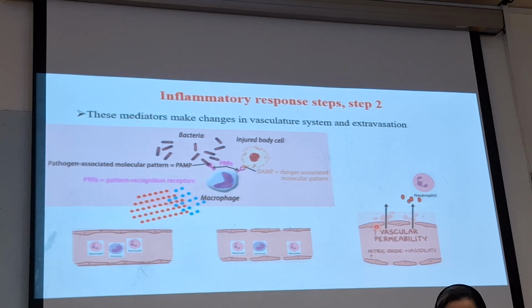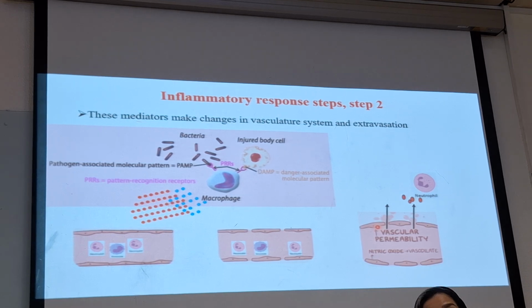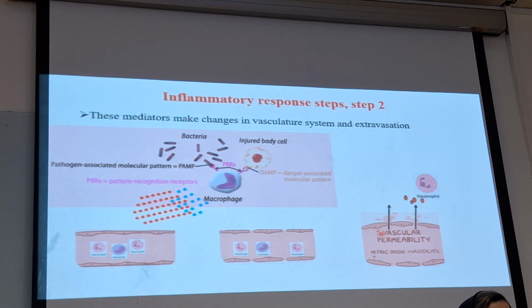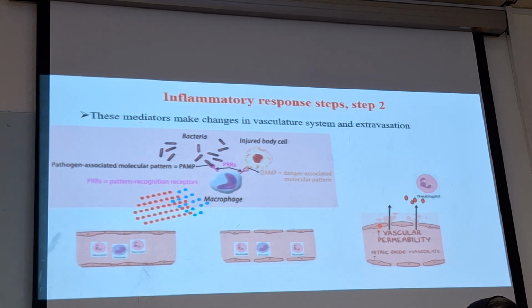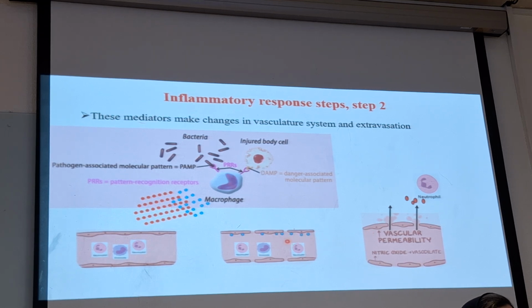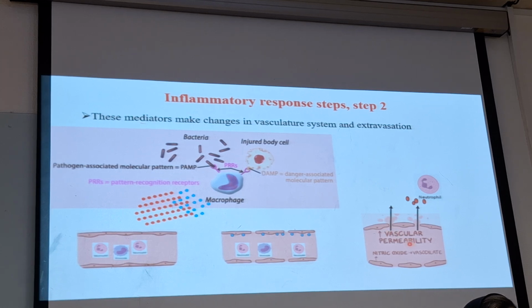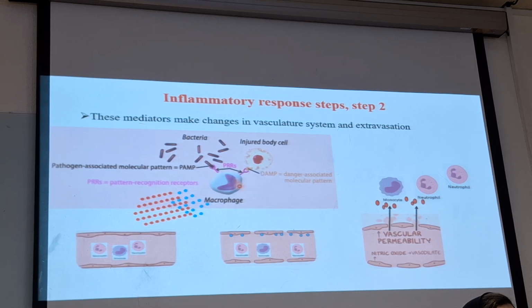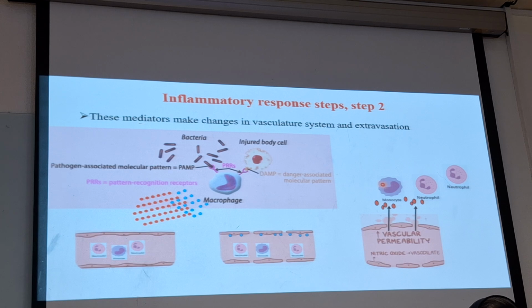And these adhesion molecules bind to leukocytes and slow down their speed in blood circulation. So these leukocytes, after binding to these adhesion molecules on the surface of endothelial cells, and because of increased permeability of blood vessels, extravasate to the extracellular site, the site where the pathogens entered.